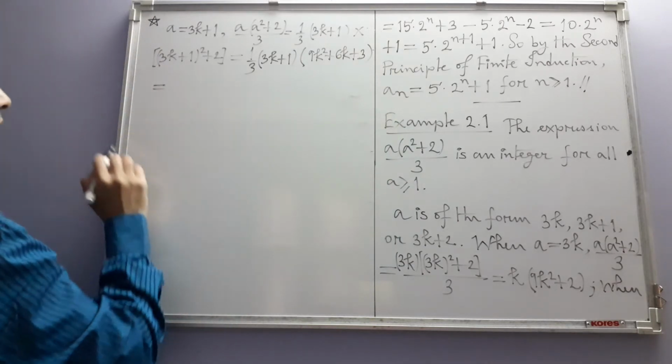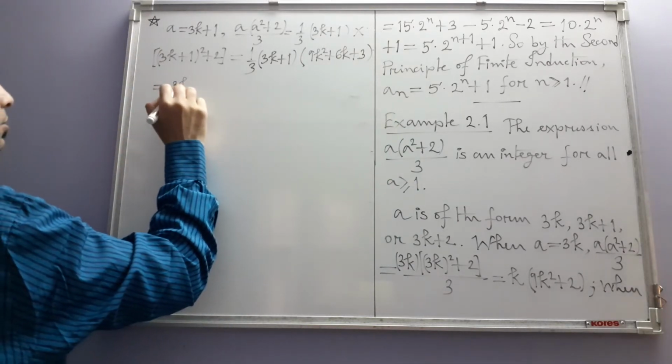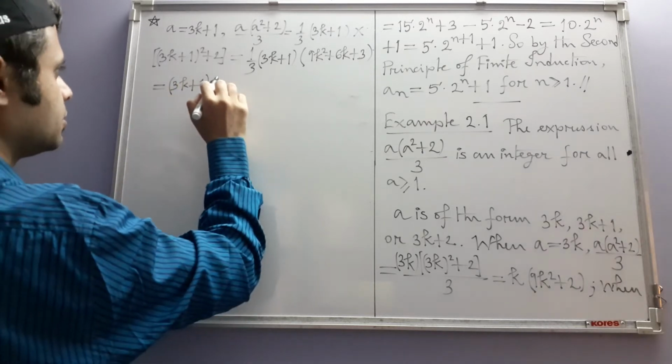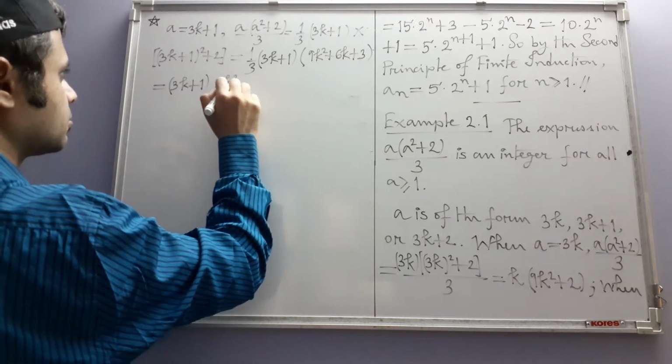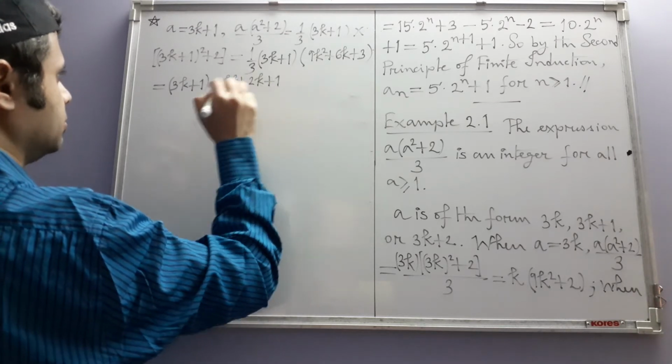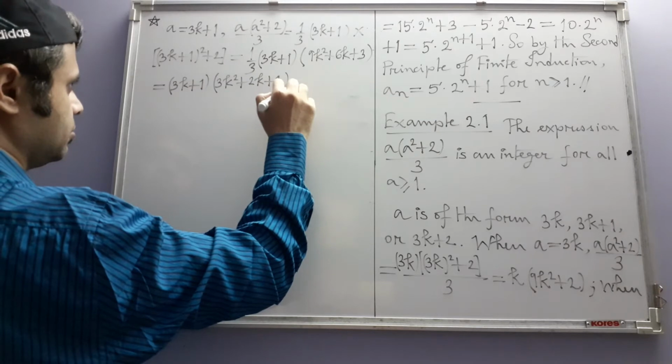So we see that it becomes equal to 3k plus 1 times 3k square plus 2k plus 1, which is again an integer.